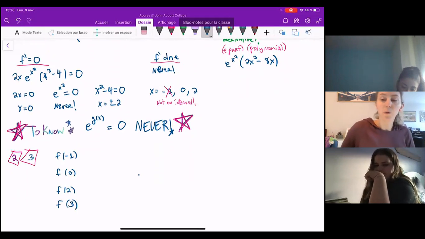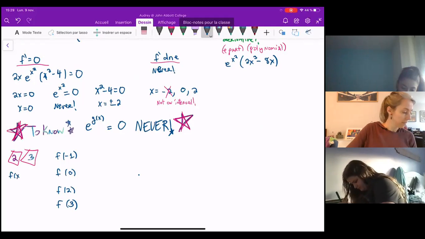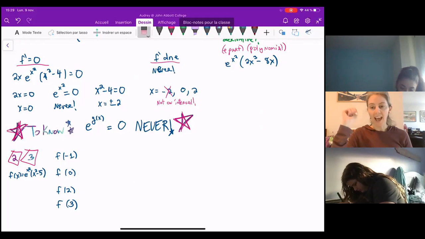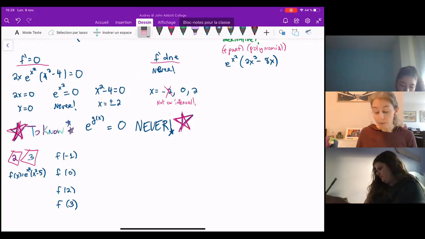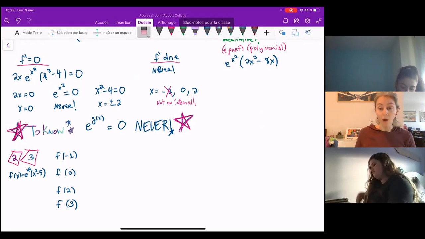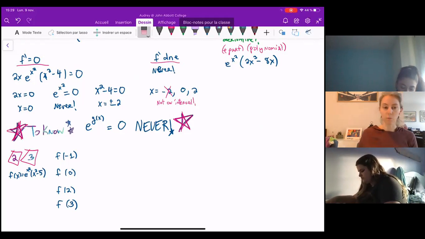So I am going to evaluate the original function f of x is equal to e to the x squared times x squared minus 5. I'm going to evaluate the original function at those values. And the reason I'm going to do that is because I know that the one with the highest y value is going to be higher than all the rest of them. So it's going to be the absolute max.